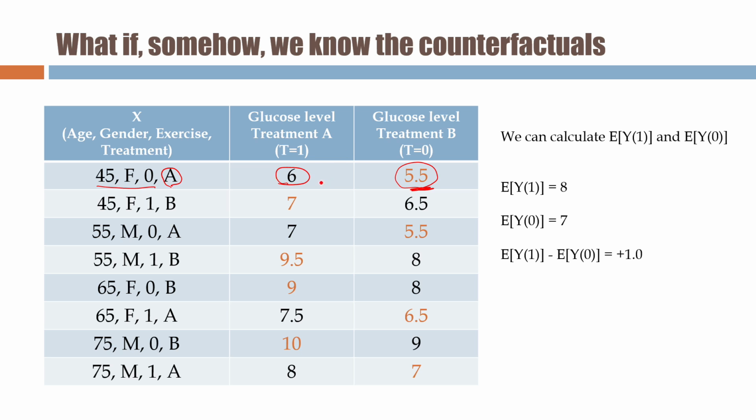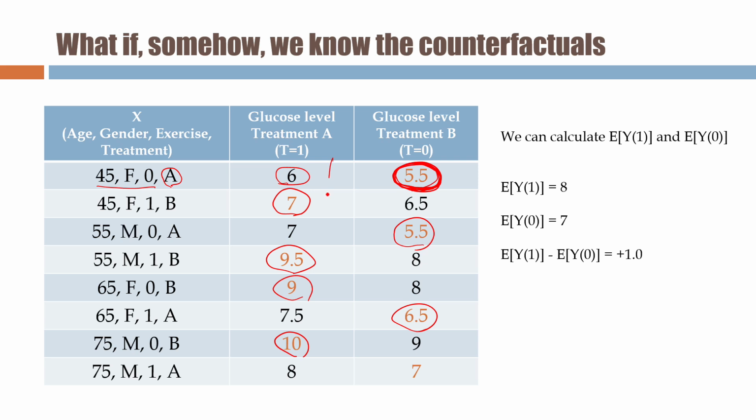But what if somehow we can figure out what number it would have been? And the same thing for the others. I'm not talking about how yet, but we will talk about how we're going to figure it out. Somehow I can find out all of the counterfactuals.